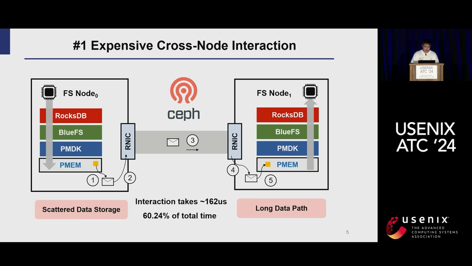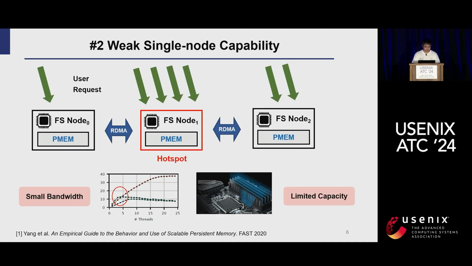For example, we measure the end-to-end request latency of CephFS. It shows a request has to pass through multiple storage layers to complete. The node interaction takes 162 microseconds and occupies around 60% of the total execution time.